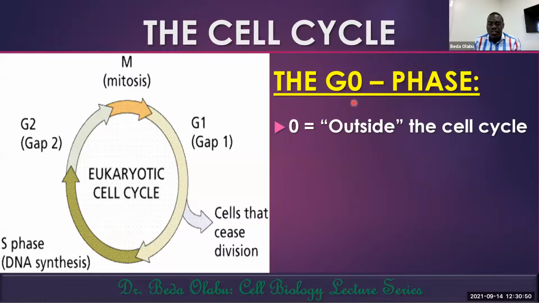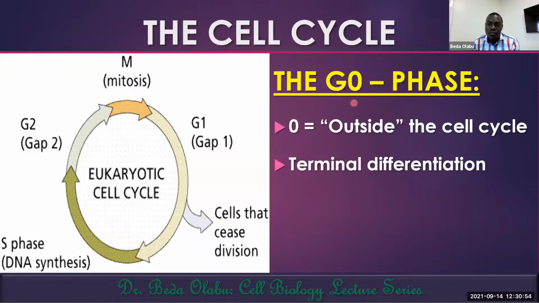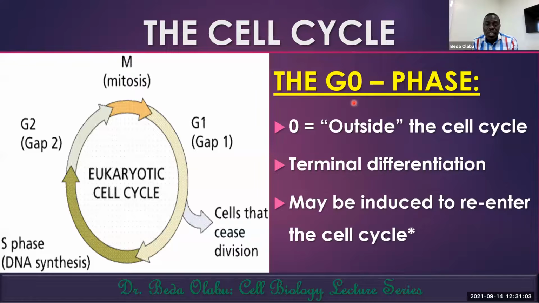So G0 phase is a phase of terminal differentiation. The cells have lost the capacity for cell division. They can no longer divide again. Well, in some circumstances, the cells which are in the G0 phase may be reintroduced into the cycle.